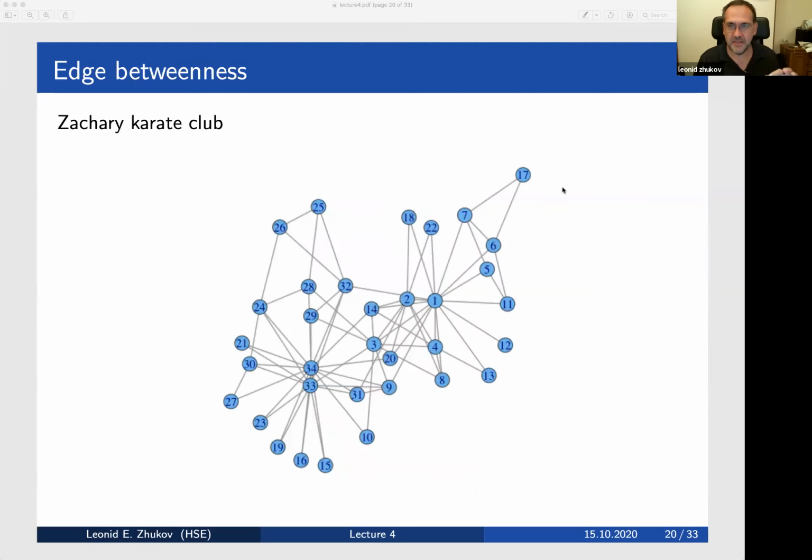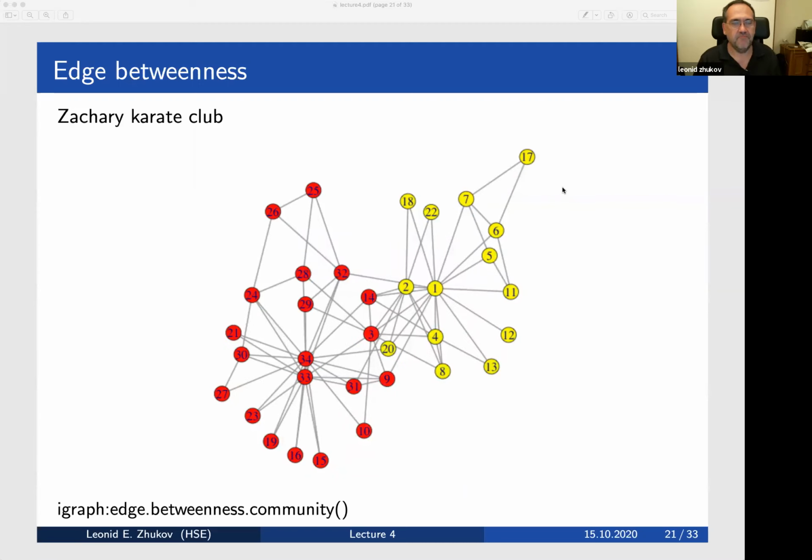So if I take the same Karate Club data and run this algorithm, that's the first split it finds. So red belongs to one, the yellow belongs to another. And so in this case, the partitioning happened along these edges.